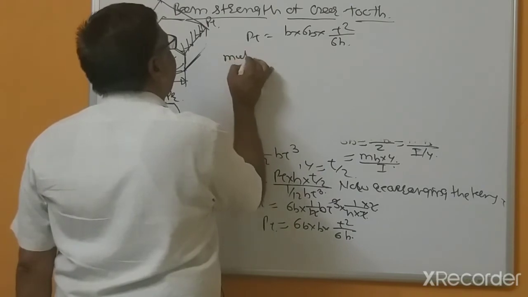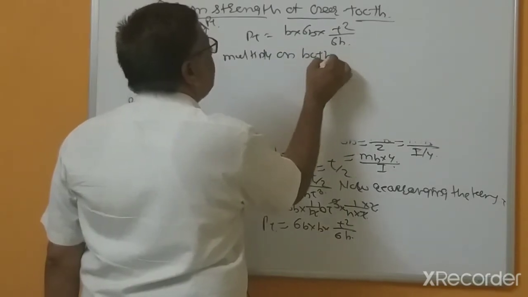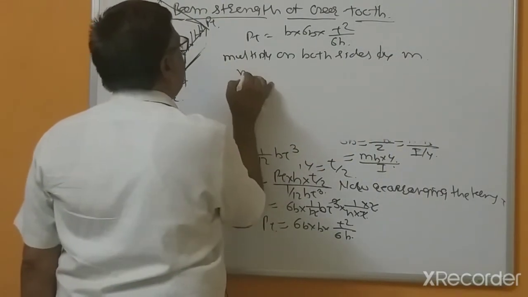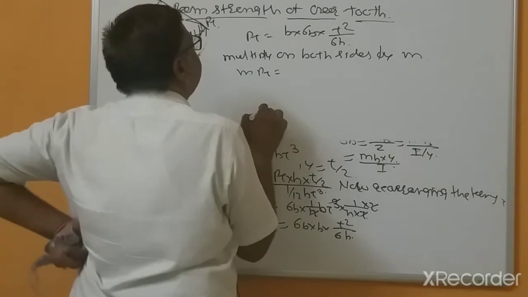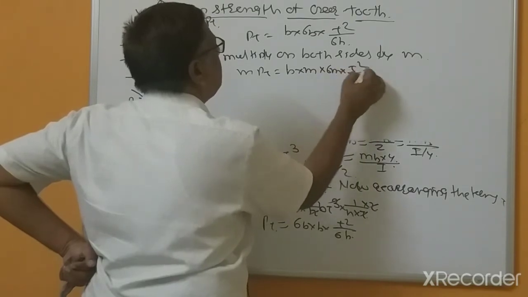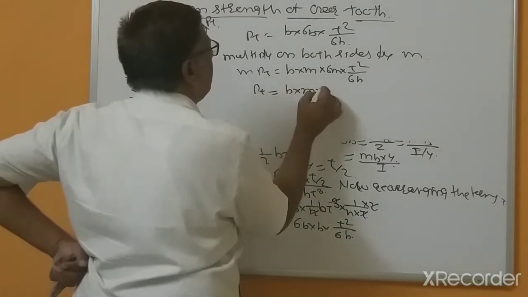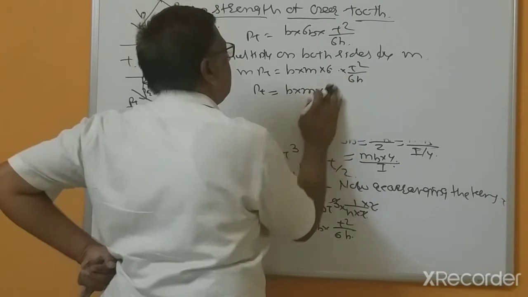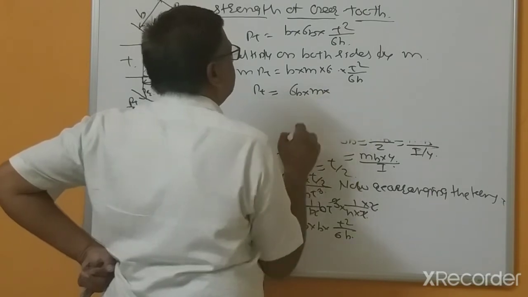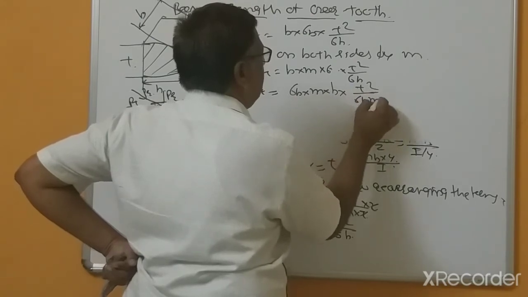Multiply on both sides by m. So m into PT equals b into sigma b into t squared divided by 6h m, and this PT equals p into m into sigma b, or otherwise sigma b m b into t squared divided by 6h m.